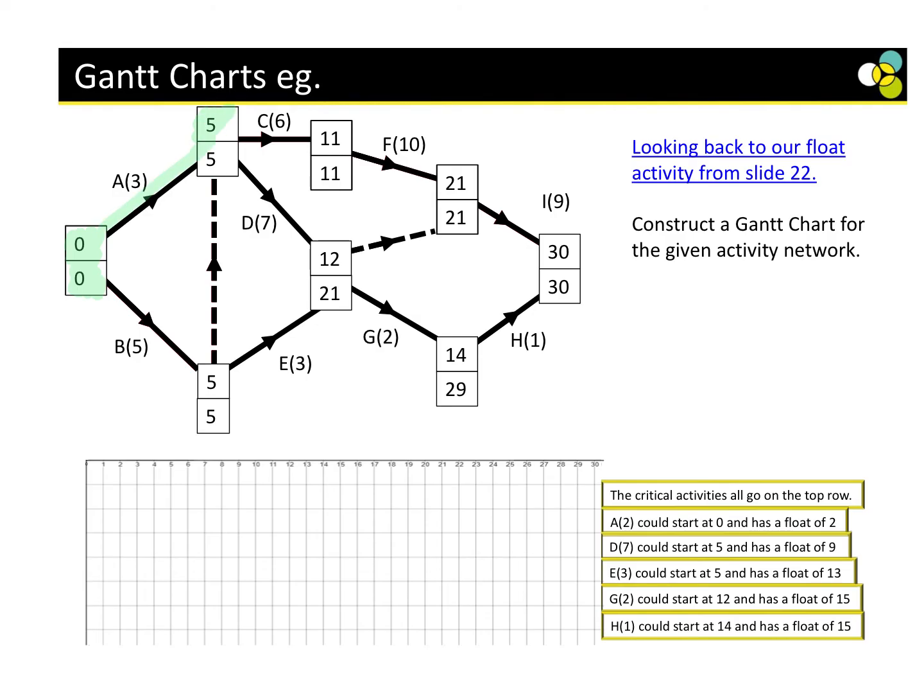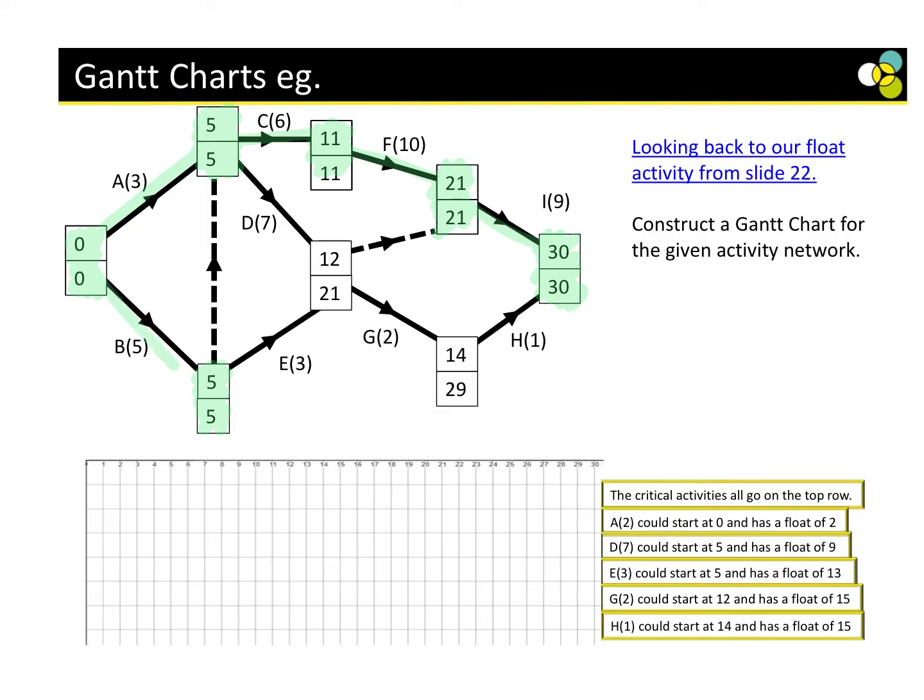Sometimes we might have more than one critical path. So, how do we know which one to choose?